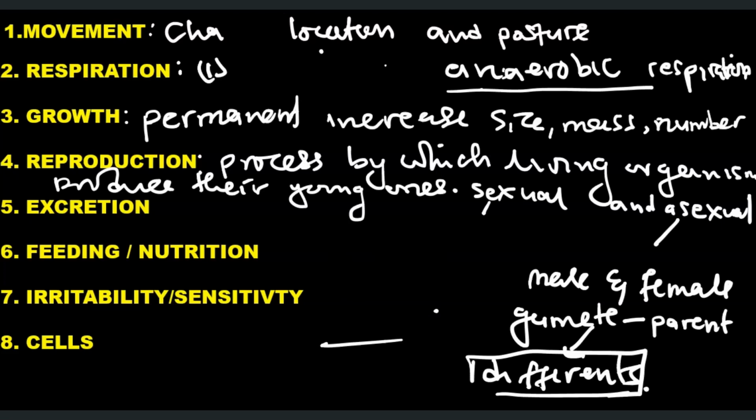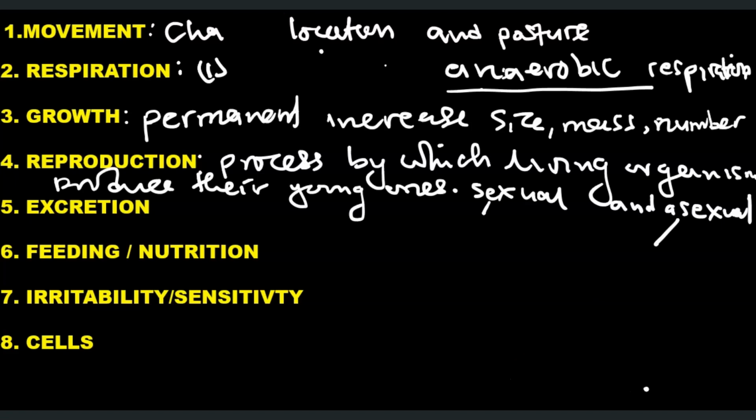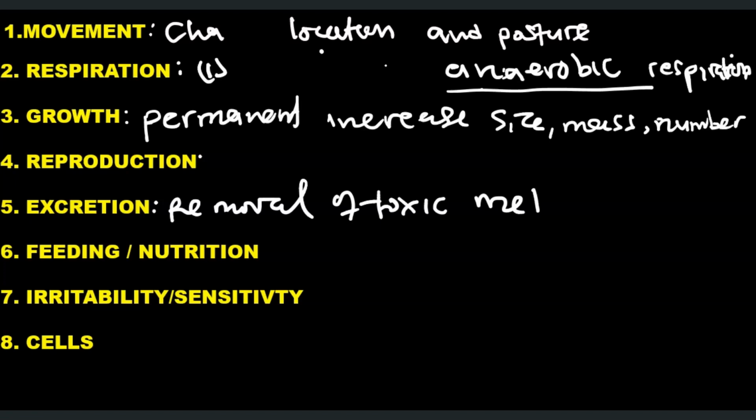Let us look at the next one, which is excretion. All living organisms should be able to excrete. Now, what is excretion? Excretion is just the removal of toxic metabolic waste from the body. So it's a removal of toxic or harmful metabolic waste from the cells of the body.